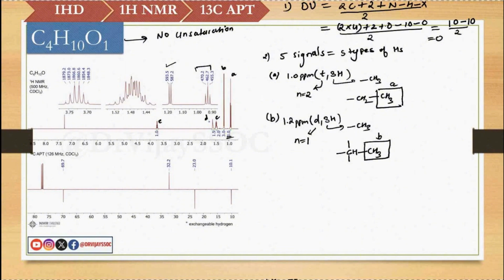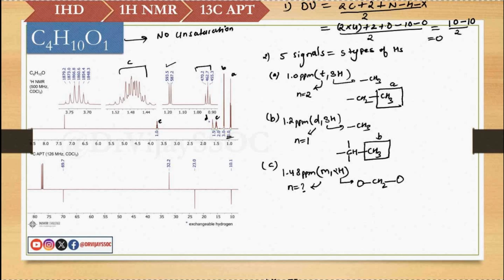Now let's look at the C. This is the C signal, and C is coming around 1.48 ppm. This is a multiplet, and it corresponds to 2 hydrogens. So what does it mean? It means that it is hard to determine the N value. We can't determine the N value in this case, but we can say that this is CH2, which is attached to something here, something here.